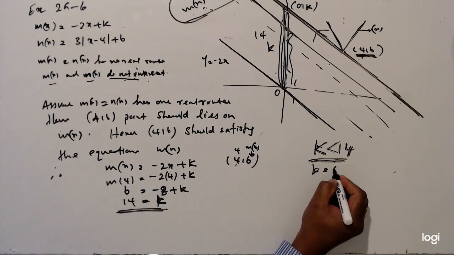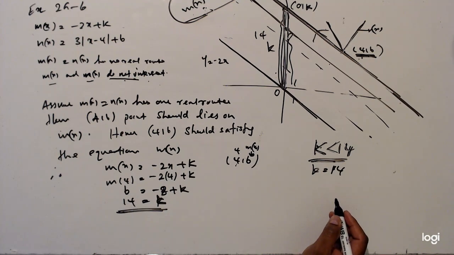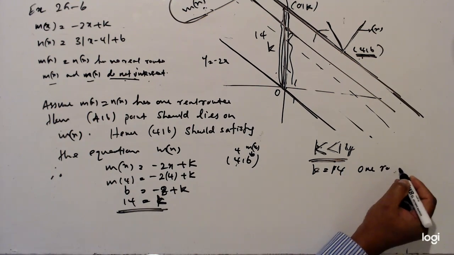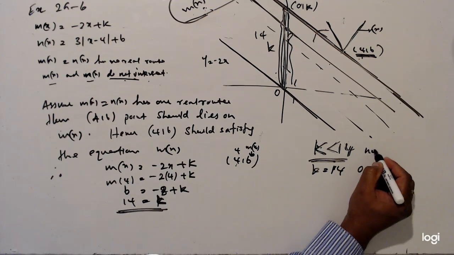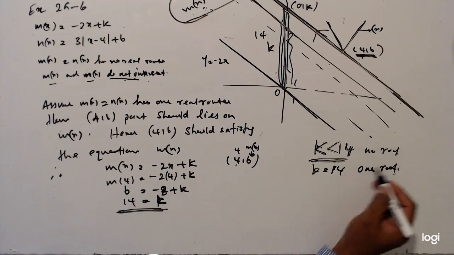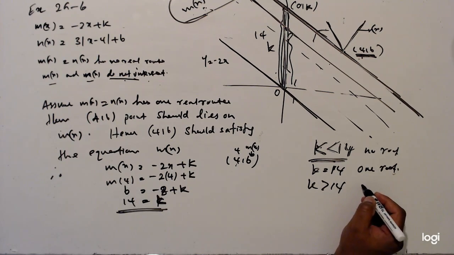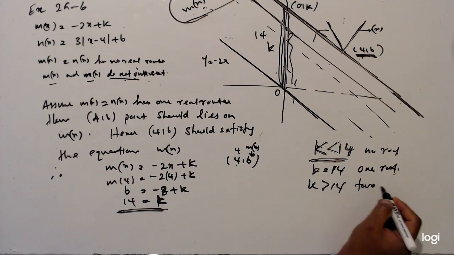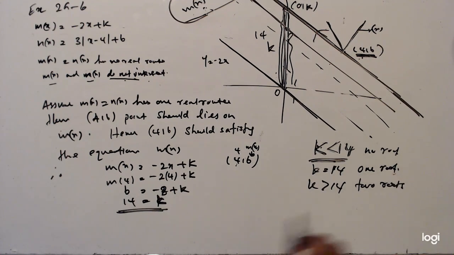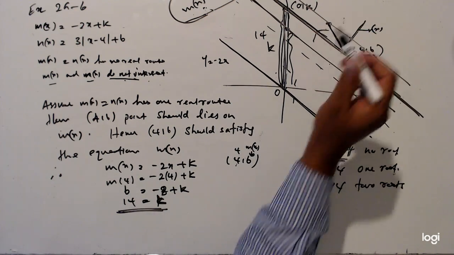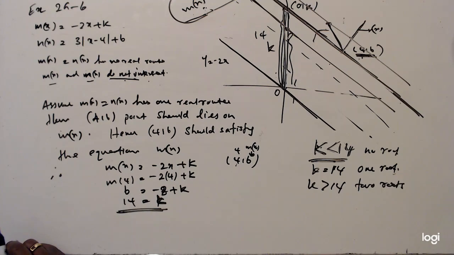If k equal 14, we have one root. If k is greater than 14, what will happen? There are two roots, because if k is greater than 14, then the line will cut here and you can have two roots.